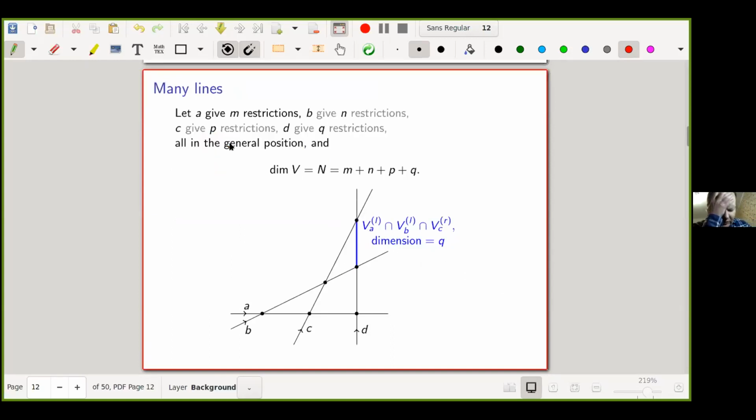What I was already telling you was one line in a plane, two lines, and let here, for example, be many lines. For instance, four lines in a plane.